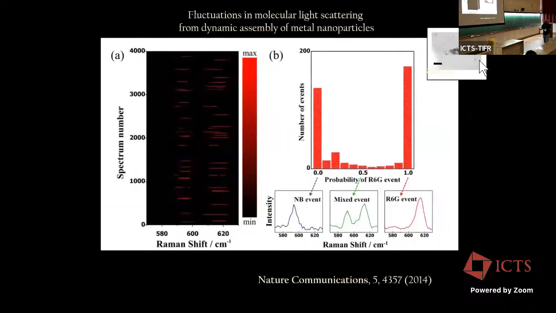How do you do that? One uses something called the bianalyte technique, using a methodology which has already been there in extreme statistical events. The idea is that you have these aggregates, and into this aggregate, you introduce two different types of molecule.